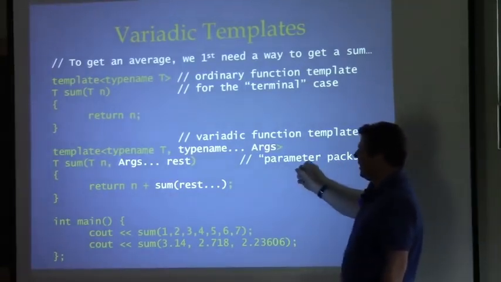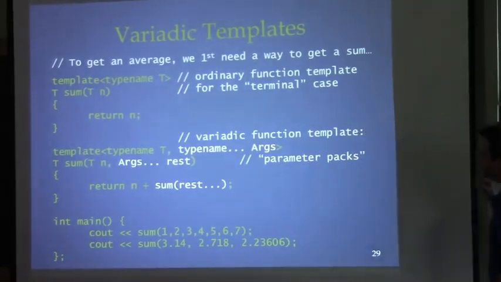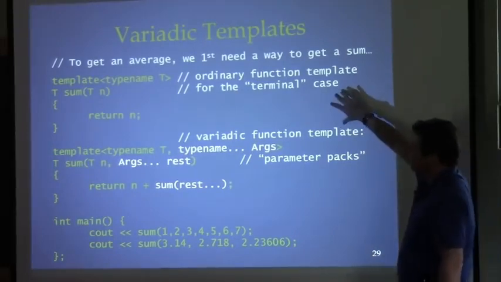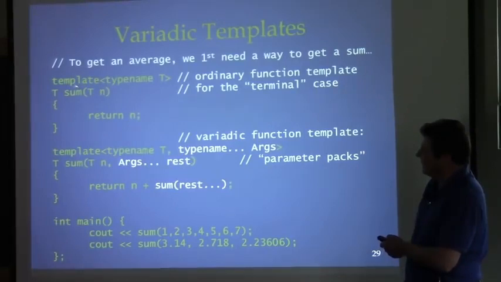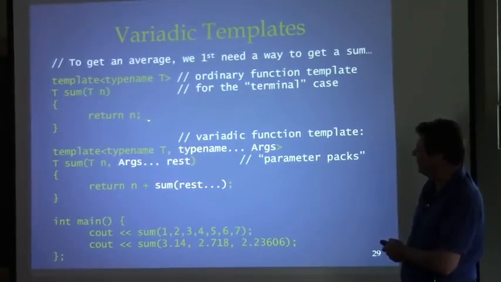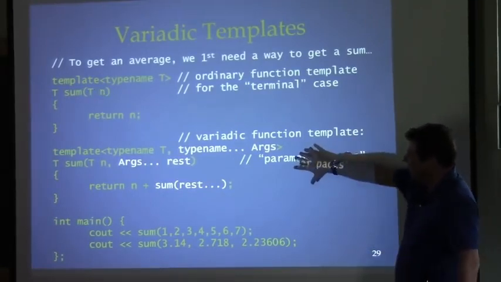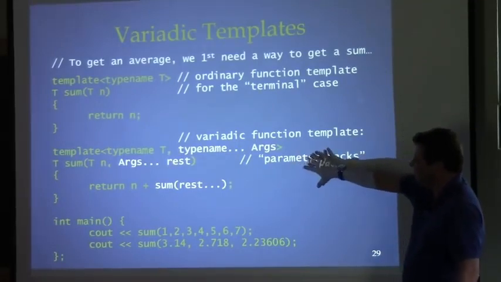So that's how variadic templates work. The terminal case for the sum of n values is a single value. That's not even variadic, this is just an ordinary function template, right? Would everybody agree the sum of one value of value n is n? Okay, easy enough.